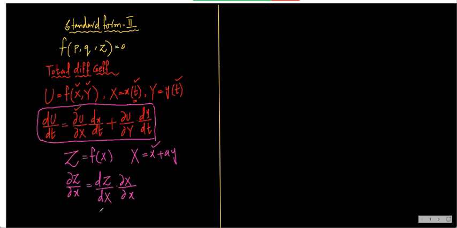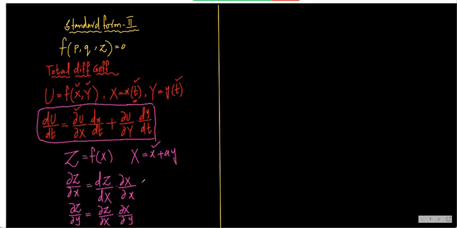And then if I want to write this with respect to y, a is a constant. Now this is the second term we are doing for a. Tau z by tau capital X into tau capital X by tau y.